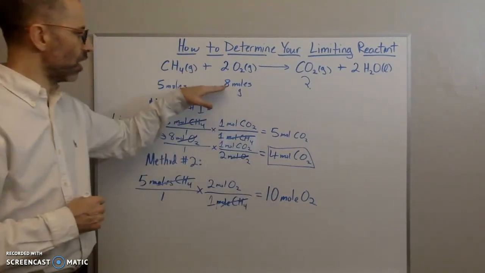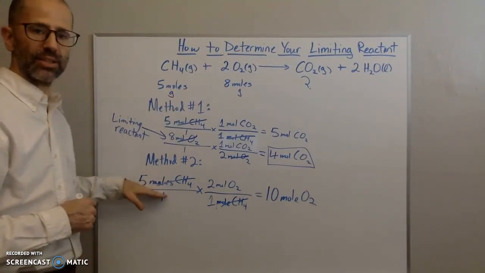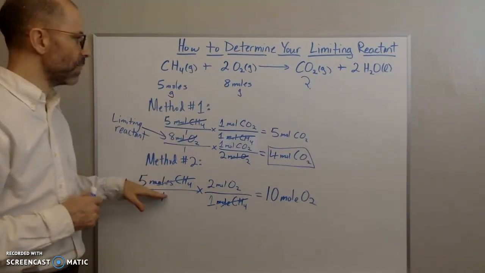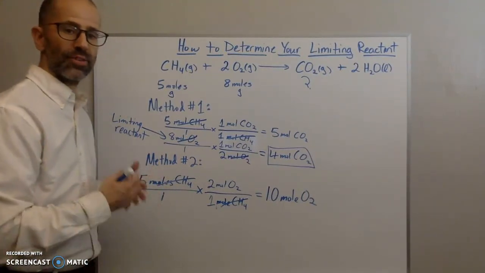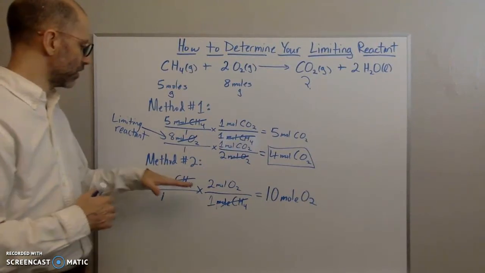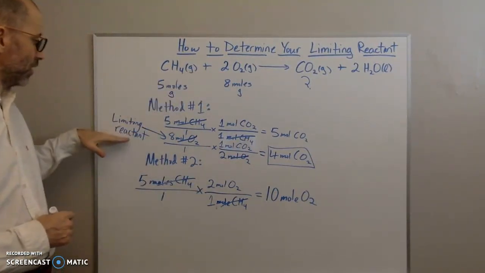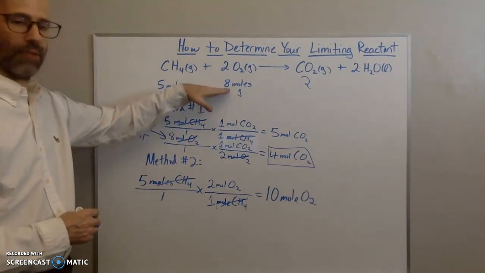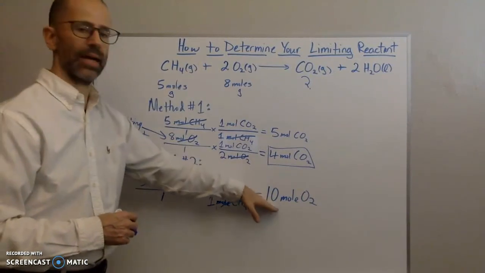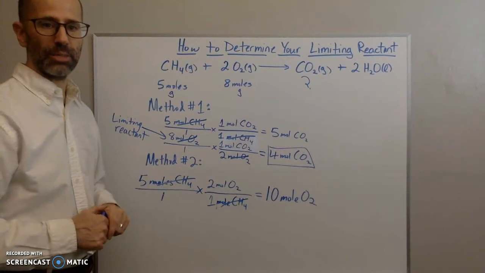So I'm going to run out of oxygen before I am done reacting with all of my methane. So the reactant that I run out of first is going to be the limiting reactant. So in this case, again, we identify oxygen as the limiting reagent because I don't have enough oxygen. I have less than the 10 that I need, so I'm going to run out of oxygen first. Oxygen is the limiting reagent.